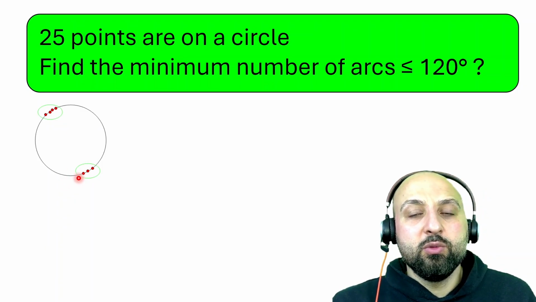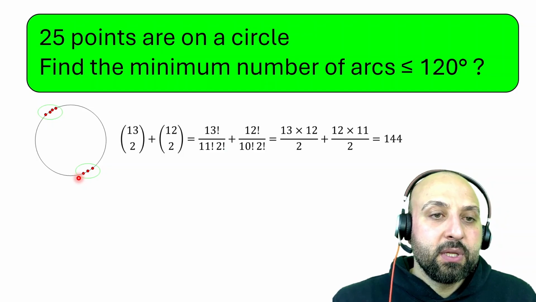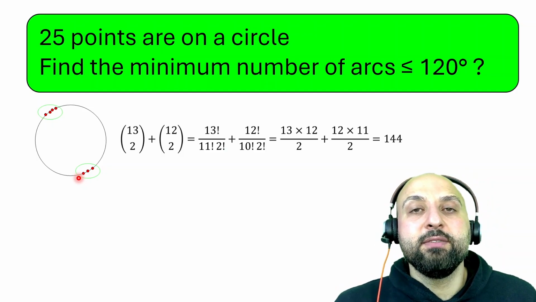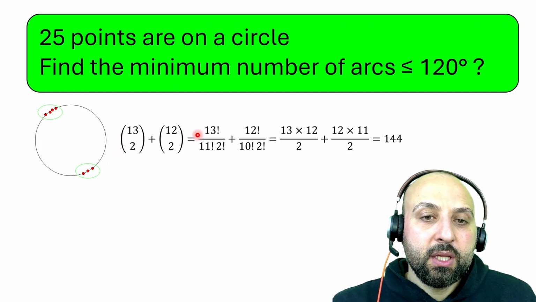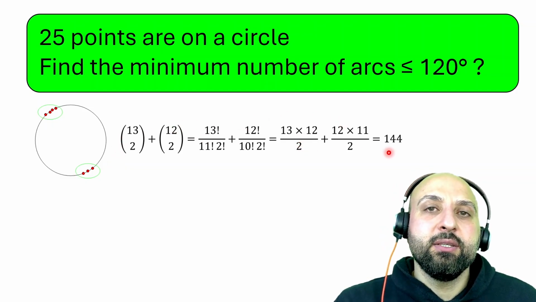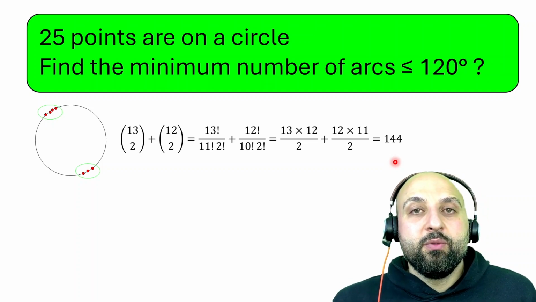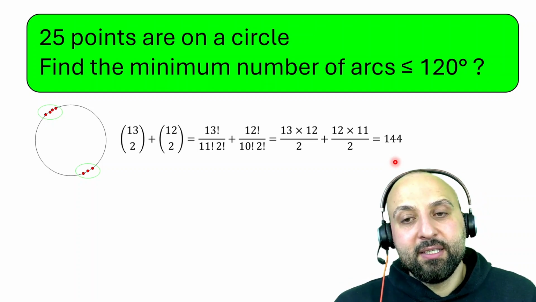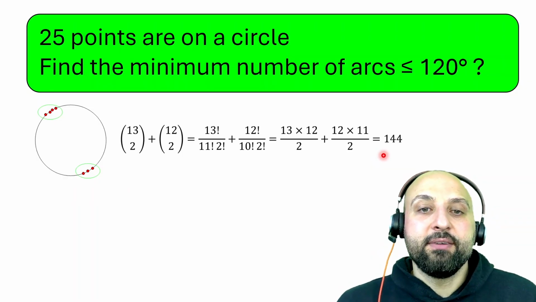The total number of arcs in that case will be 13 choose 2 plus 12 choose 2. If you do the simplification and calculate, this becomes 144. Obviously, we don't know what the correct answer is. So far, we know that this is the minimum among the 3 examples that we have provided.